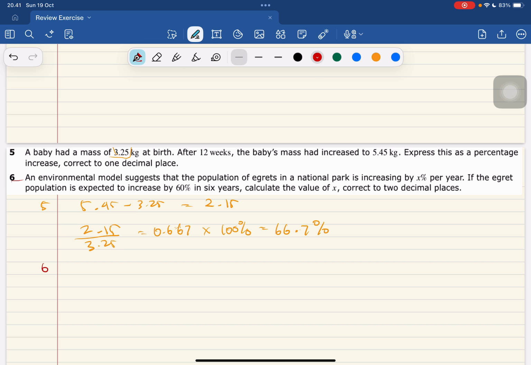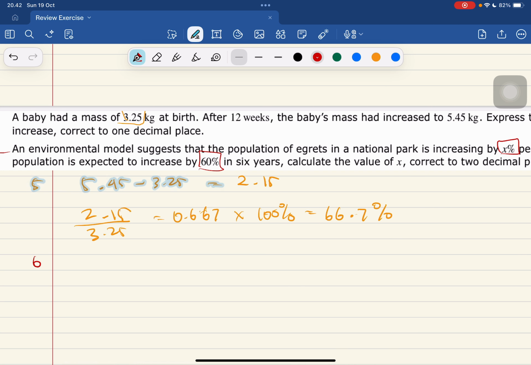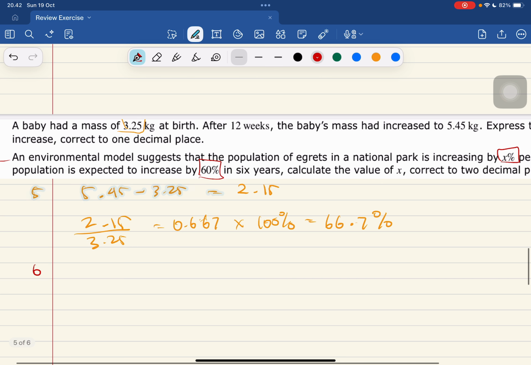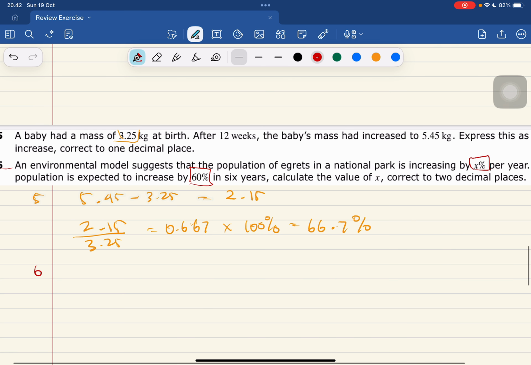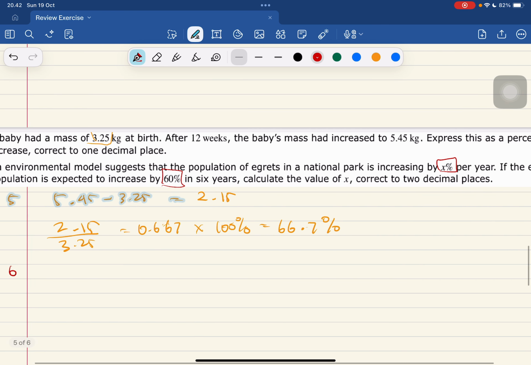Okay, number 6. An environmental model suggests that the population of egret in the national park is increasing by X% per year.